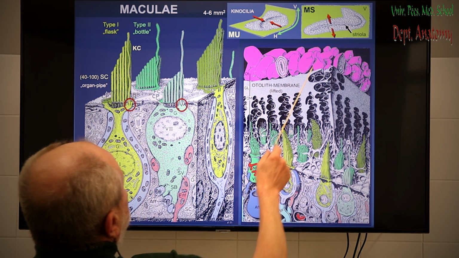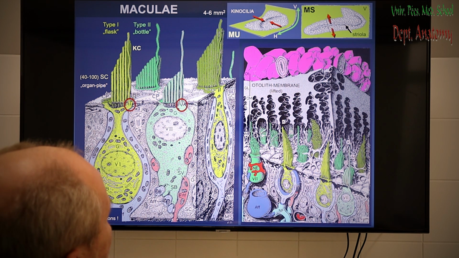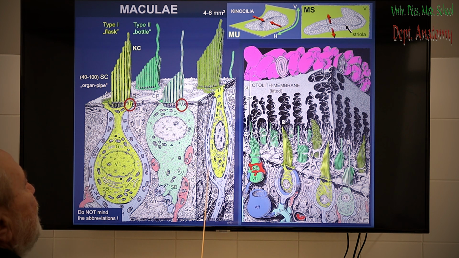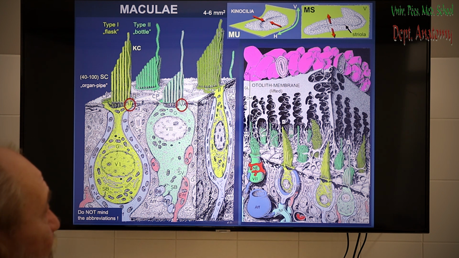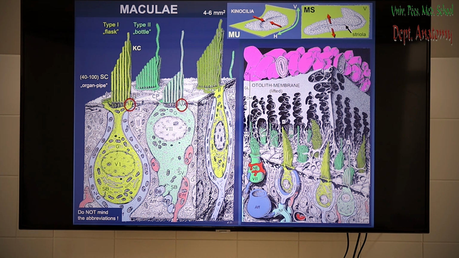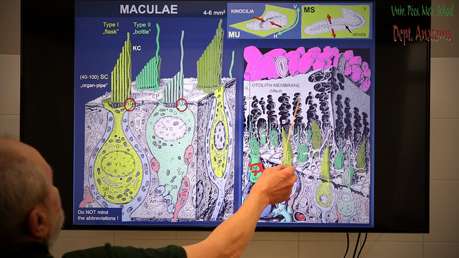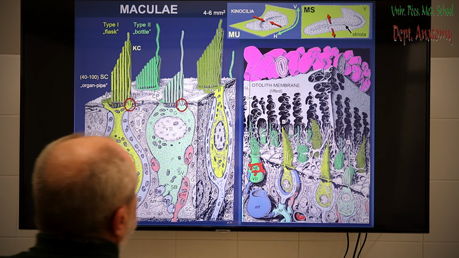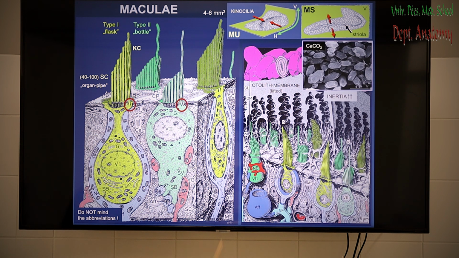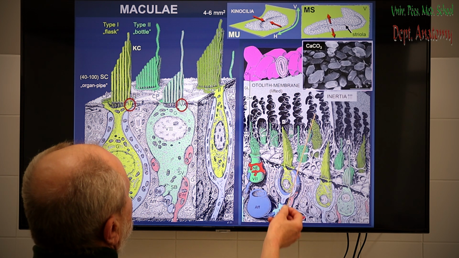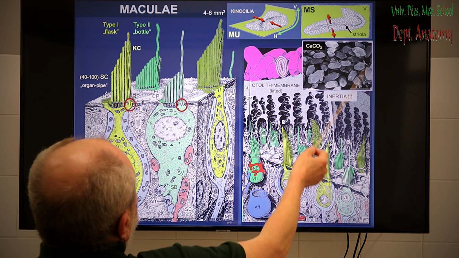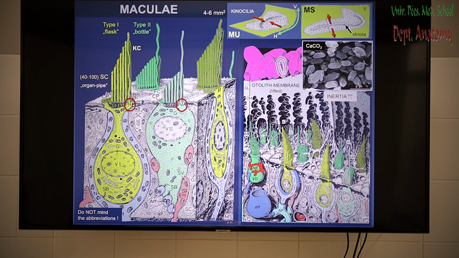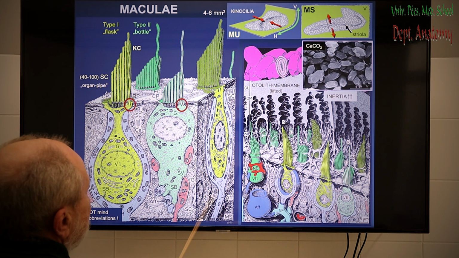These are calcium carbonate crystals, mostly hexagonal in shape, and because of these stones, lithos being stone, together with the amorphous material, this is called the otolith membrane, into which the hairs are pushed. Here you can see an electron microscopical picture of these beautiful calcium carbonate crystals.